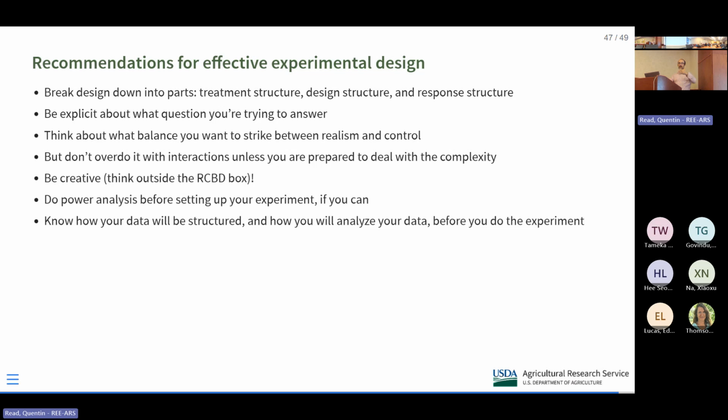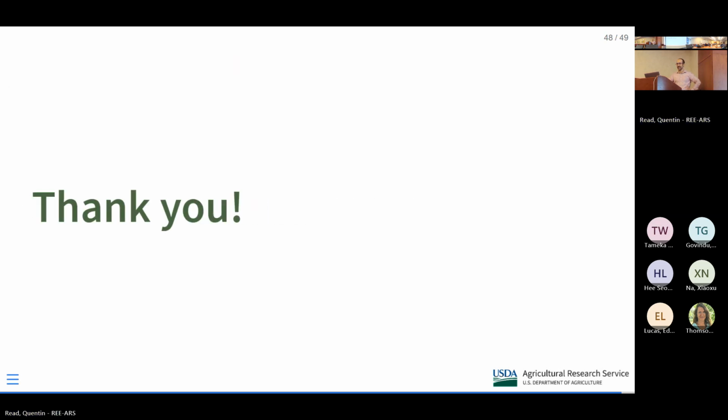I see this a lot: people give me badly designed experiments and ask me to analyze the data, and it's like, well, you can't really answer the question you thought you could because it's not the right design. If you thought about that ahead of time, that saves a lot of trouble later on. So please talk to the statistician before you do the study. That concludes my talk on experimental design.